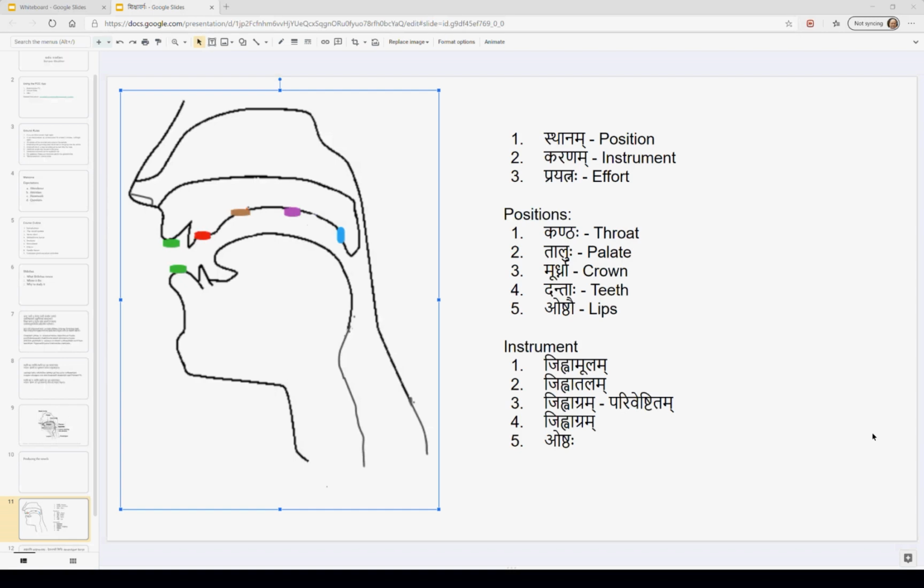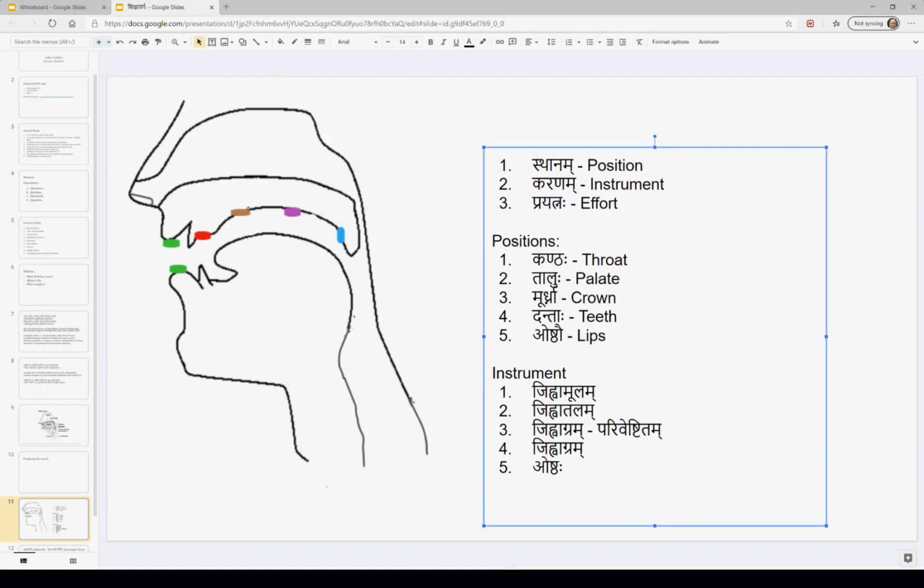The second is Karanam, the instrument, or the actuator. Generally, most of the time we use the tongue as the actuator. Imagine a flute, a wind instrument which has holes.